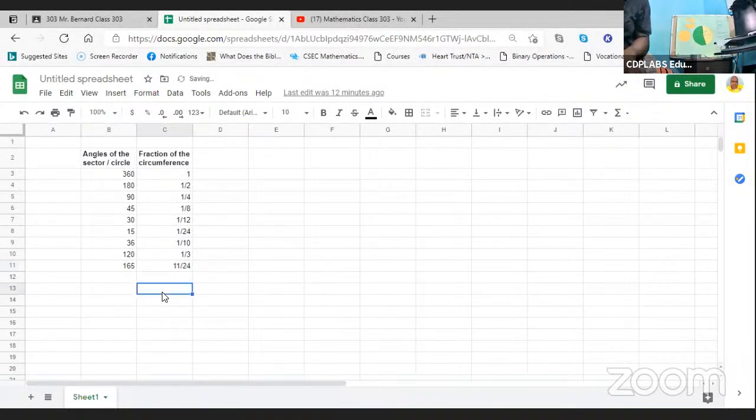Now, the fraction is very important. Good. Now, let's look at how we reduce fractions. That is very important. How we reduce fractions.